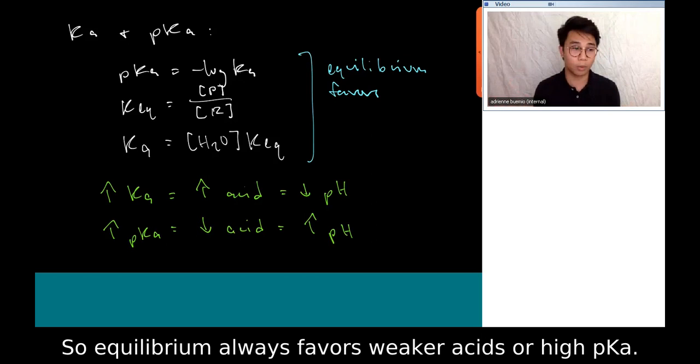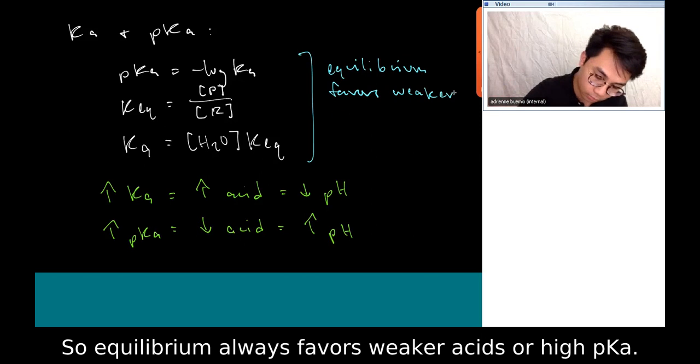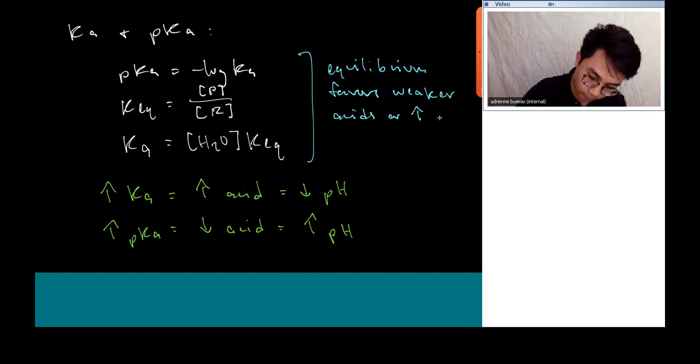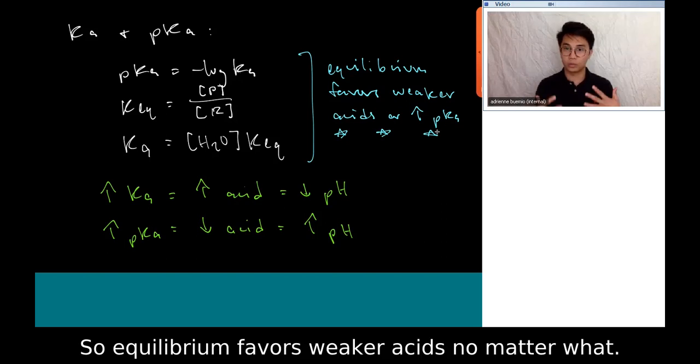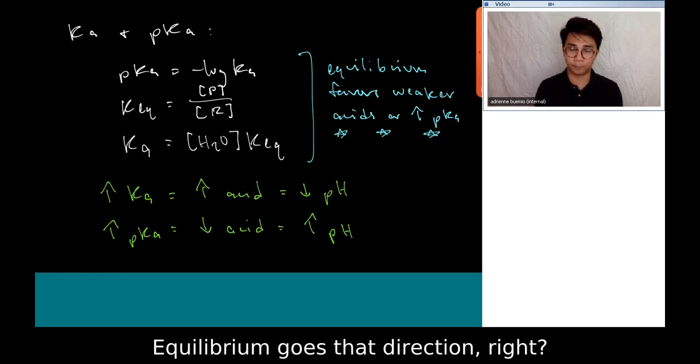So equilibrium always favors weaker acids, or high pKa. This is important as well. Equilibrium favors weaker acids no matter what. Equilibrium goes that direction, right?